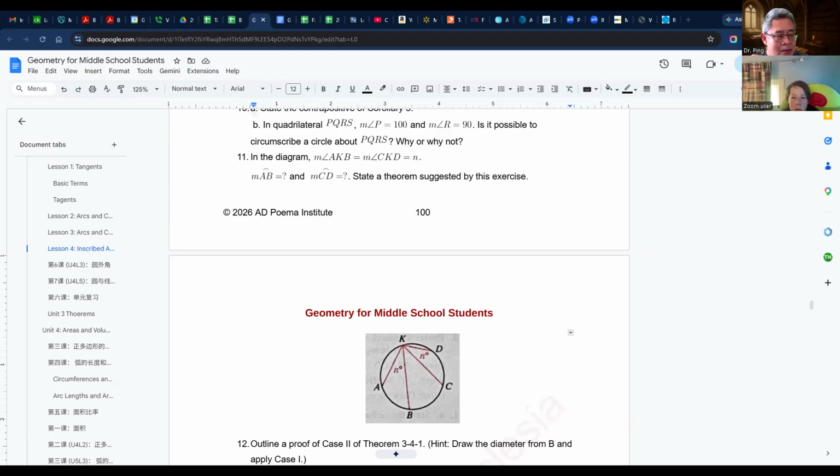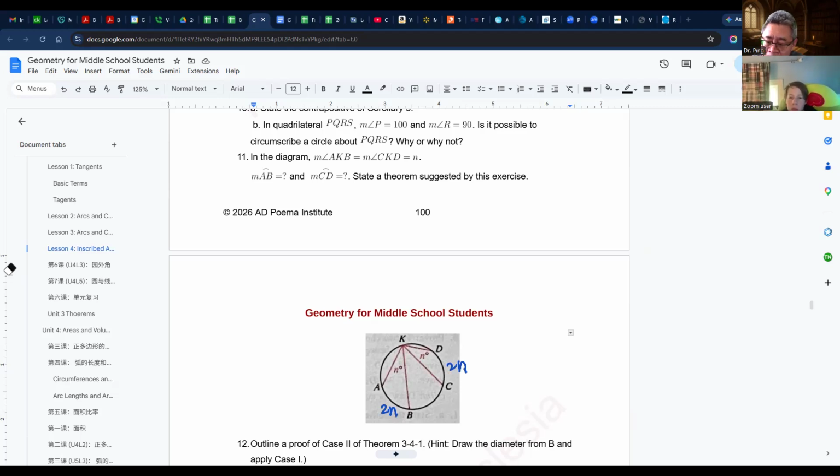So we're going to use letters, okay? Based on the theorem, wouldn't it be 2N? Yeah, it will be 2N here and 2N here. Pretty straightforward, the inscribed angle theorem.